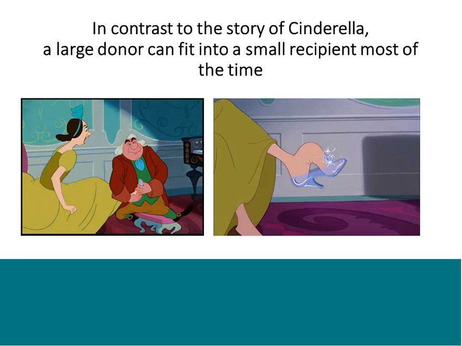So what is considered the ideal size? And that takes me to the Cinderella story, right? A large donor can donate to a small recipient because at that point, I have the option to take the left lobe or the right lobe.